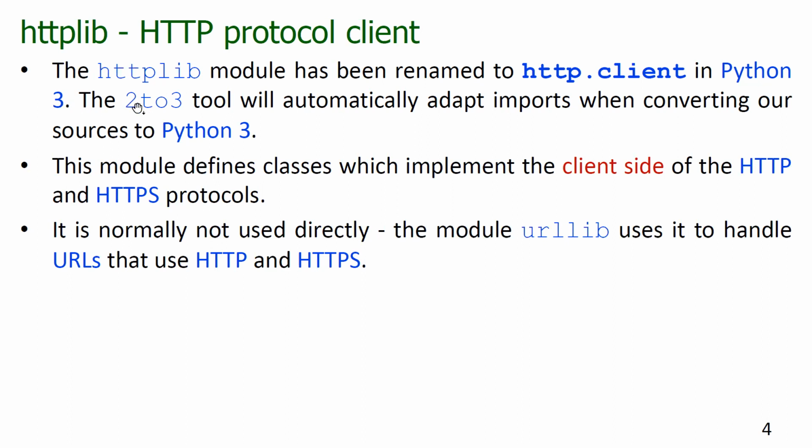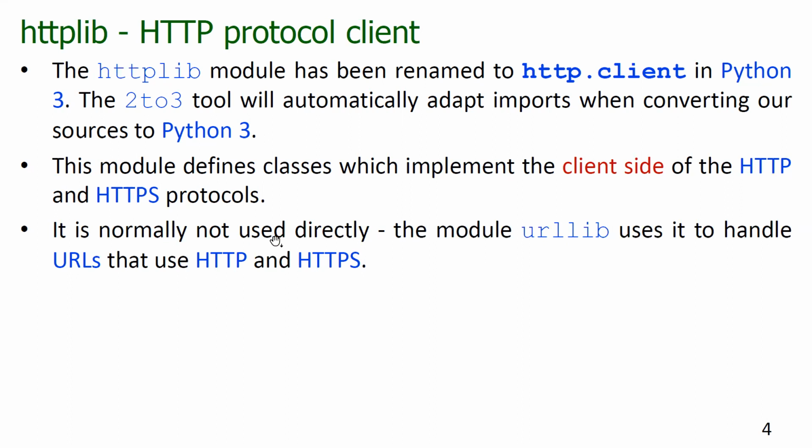Going from version 2 to 3, imports are automatically adapted when converting our sources to Python 3. This module defines classes which implement the client side of the HTTP and HTTPS protocols.